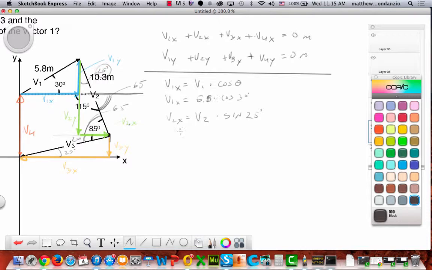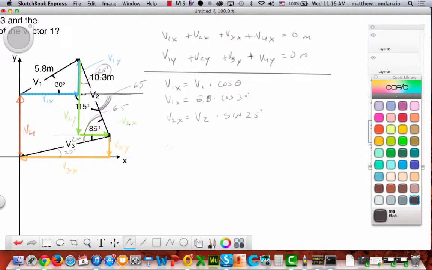So there's that. Now, do we know what v3x is from angle stuff? Well, we'd have to know our angle and the magnitude of v3, but do we know the magnitude of v3?